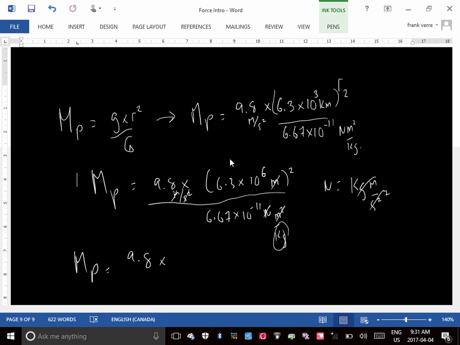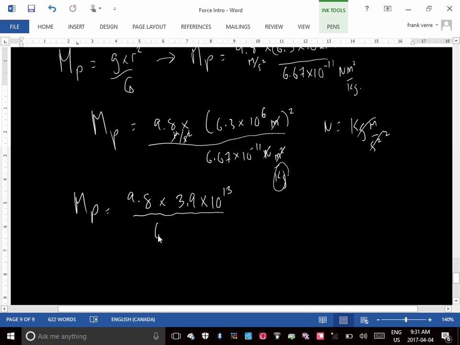So what do you get? 4 times 10 to the 13. So 3.9 times 10 to the 13. And that's going to be over 6.67 times 10 to the negative 11. And then this is going to be kilograms.